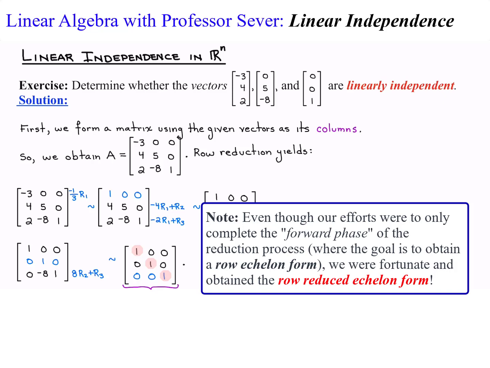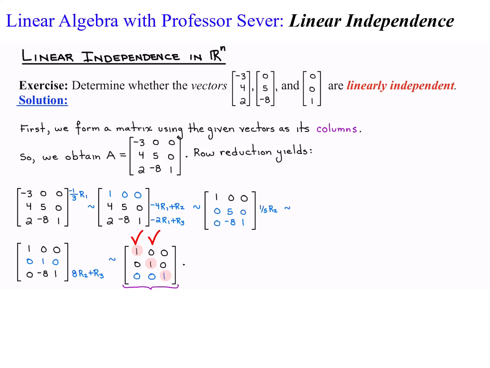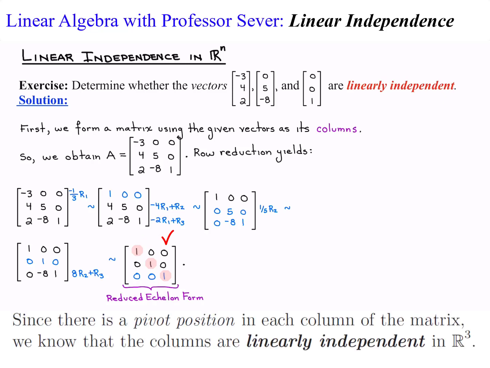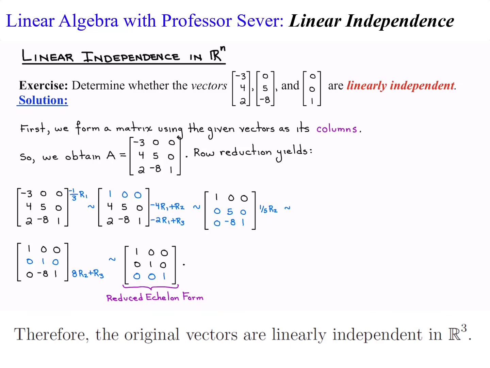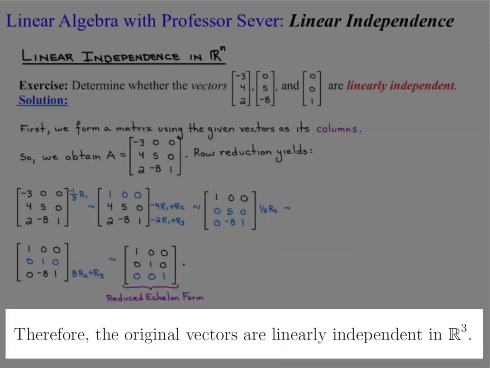I have them highlighted. Now, do we have a pivot position in each column? The answer is yes. Therefore, we may conclude that the columns are linearly independent. Hence, we have answered the question we were asked. The original three vectors that we were given are in fact linearly independent in R3.